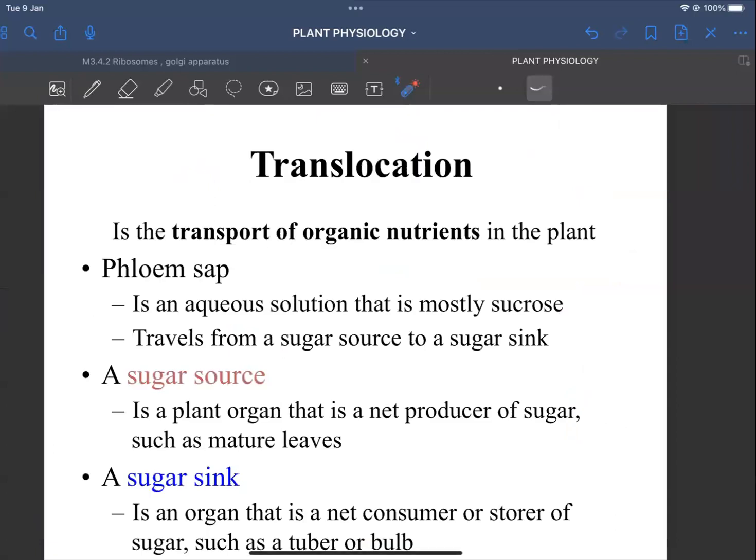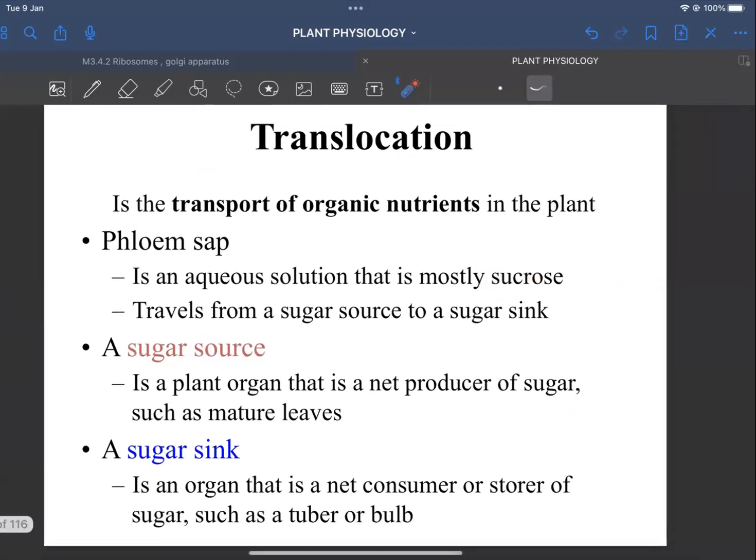And we look at translocation, which is the transport of organic nutrients in the plant. We have the phloem sap, which is an aqueous solution, most of it sucrose, traveling from a sugar source to a sugar sink. So what's a sugar source? It's a plant organ that is a net producer of sugar, for example the mature leaves, where they're going to produce the sugar.